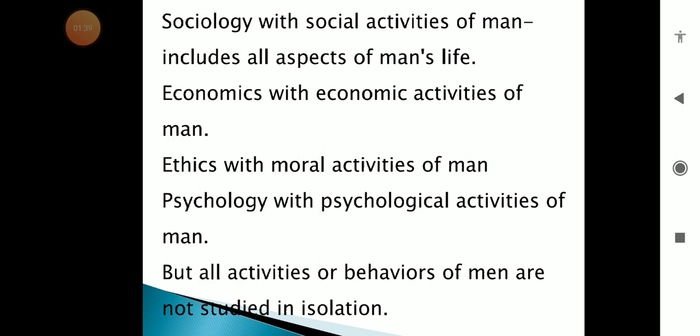But all activities or behavior of men are not studied in isolation. Isolation means separately. It cannot be studied separately, because all these subjects are interrelated, and as man as a social being is involved in it, they cannot be studied in isolation.